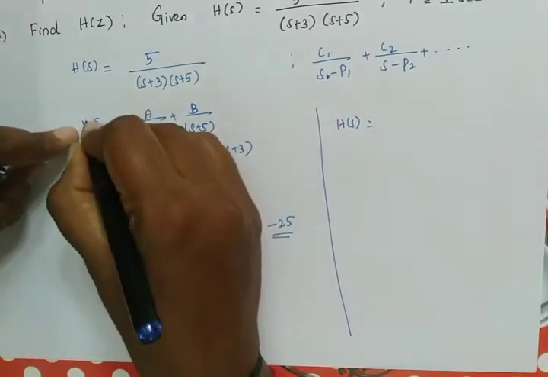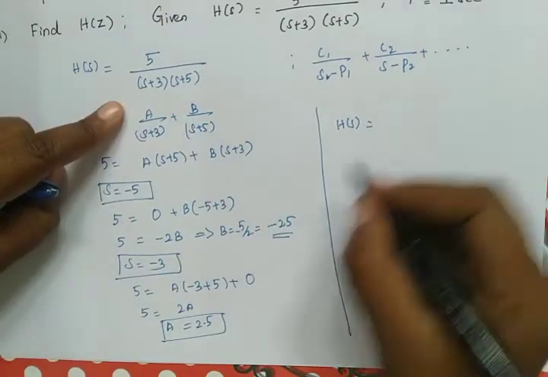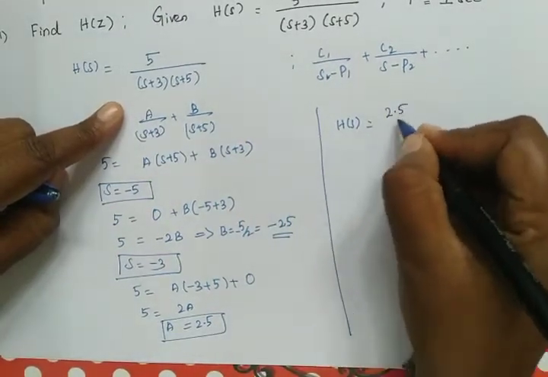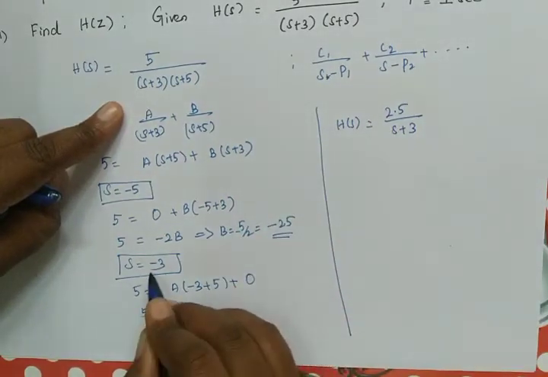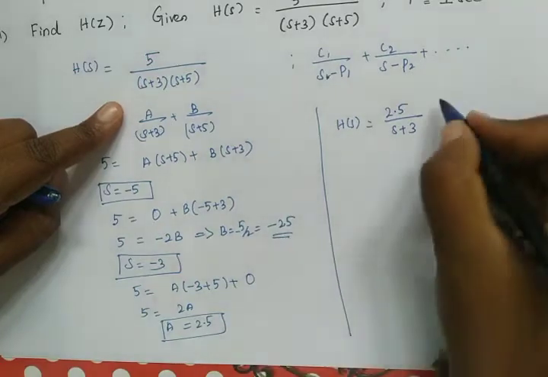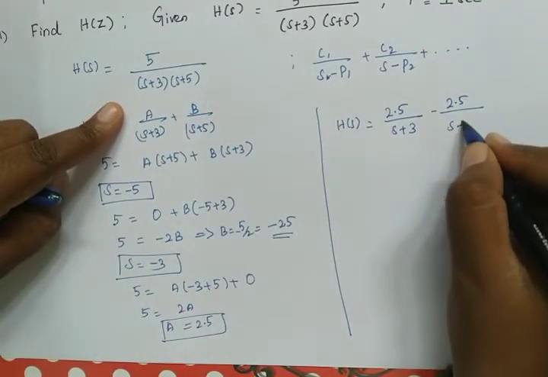So H(s) is equal to A, which is 2.5 divided by (s plus 3), minus B, which is 2.5, divided by (s plus 5).